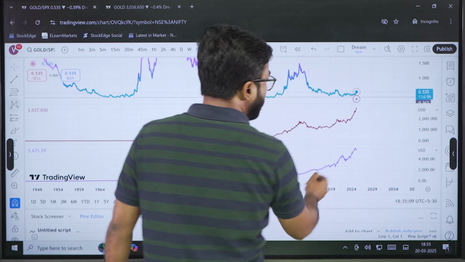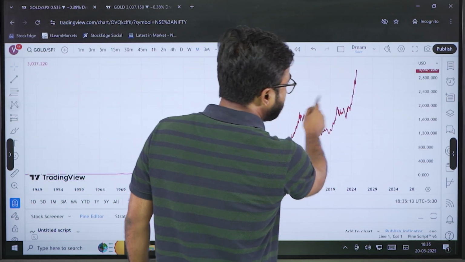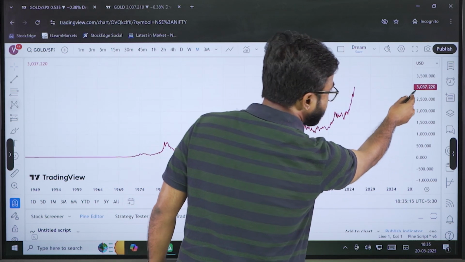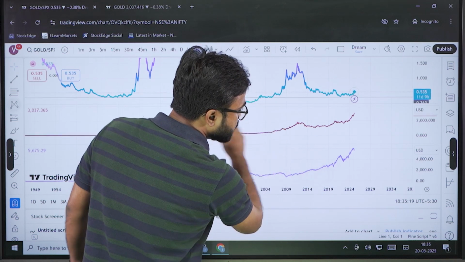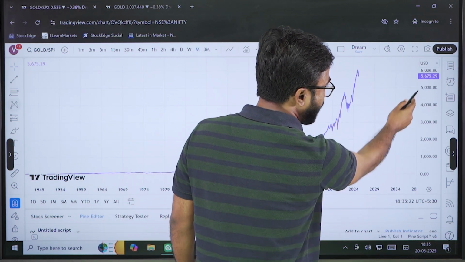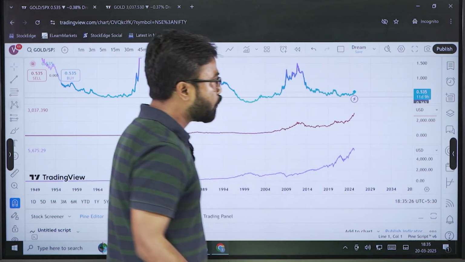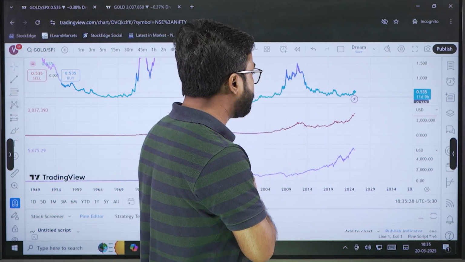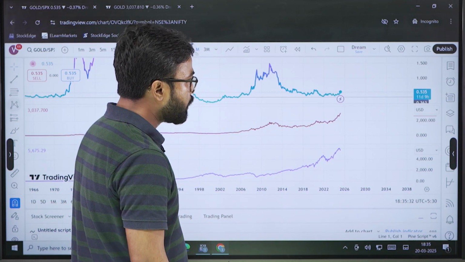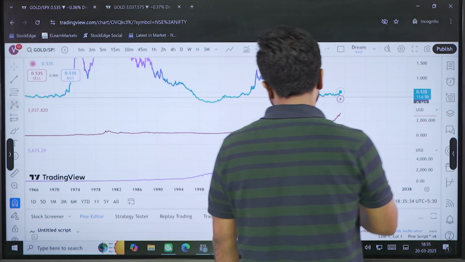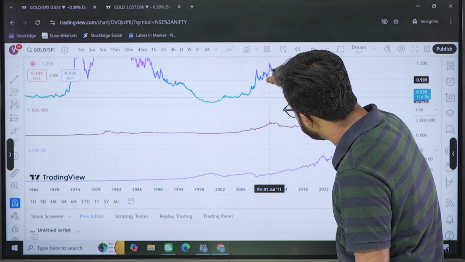You can see that this one is gold, that is 3037, and this one is the S&P 500, that is 5675. And this one is the ratio chart, which is 0.53.